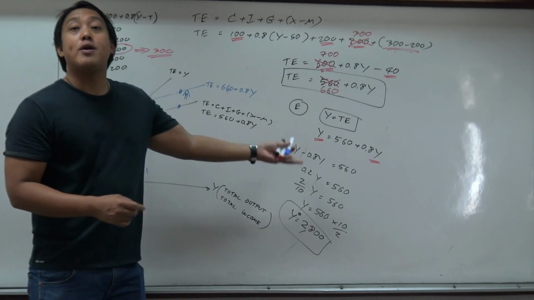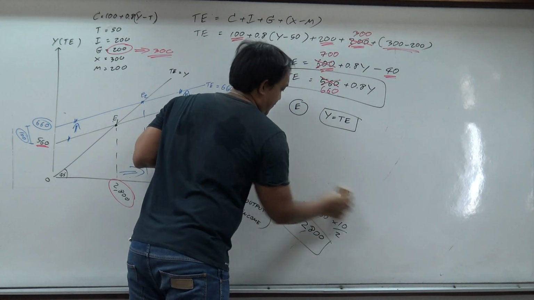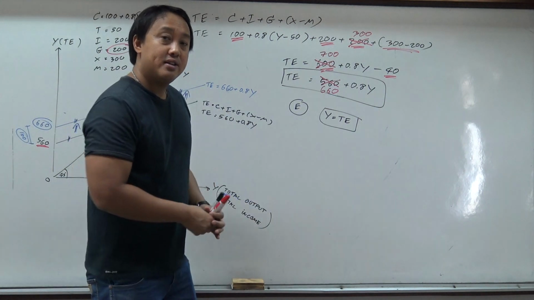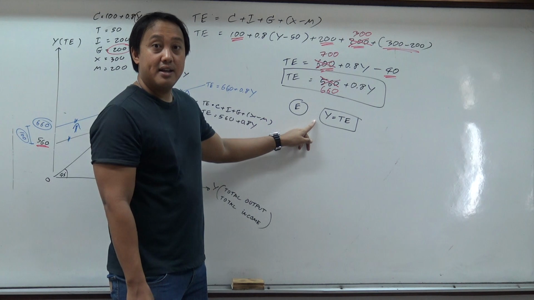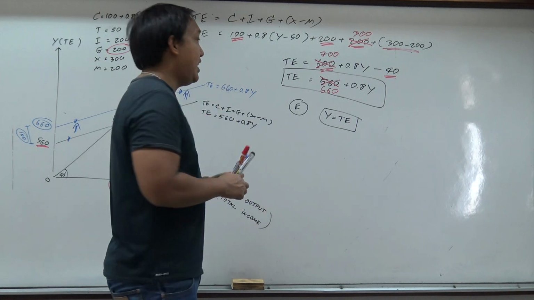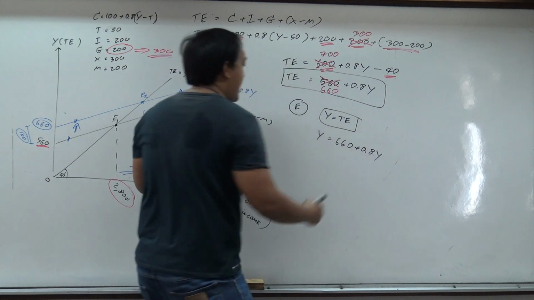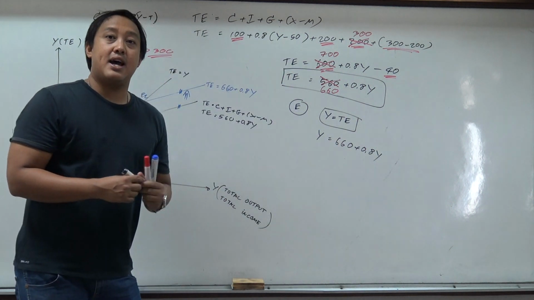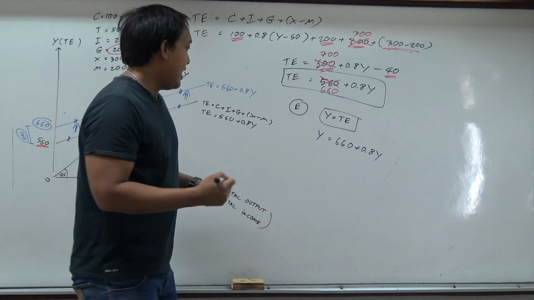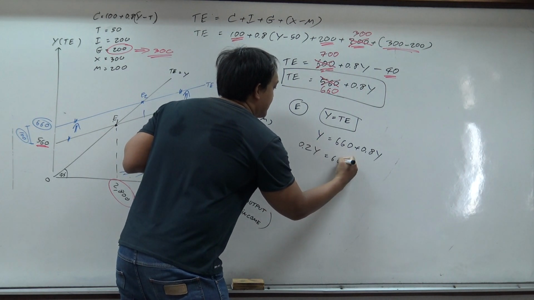How? Let's do the math. Using the same equation over here, y equals TE, but this time TE is 660 plus 0.8y. Then what I have is 0.2y equals 660.